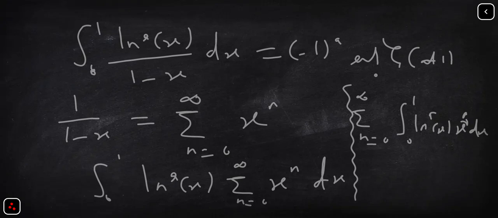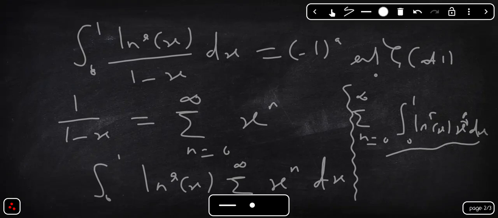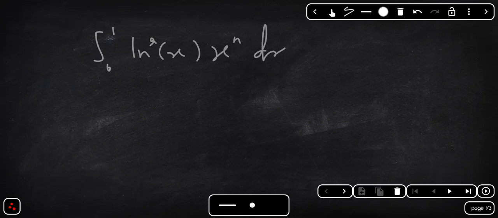So now we're going to solve this integral: the integral from 0 to 1 of natural log of x raised to the power of a multiplied by x raised to the power of n dx.